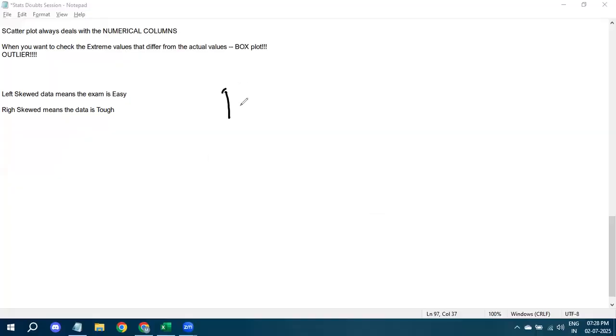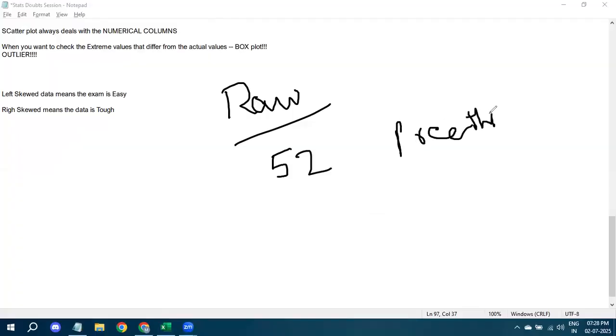See guys, we will always be working on the raw data itself. We will always put a question: why is there a change in the data? For example, think that you are in the 52 batch. Any one name? Okay, Preeti is in the 52 batch. We informed that tomorrow, Sunday, you are having machine learning.